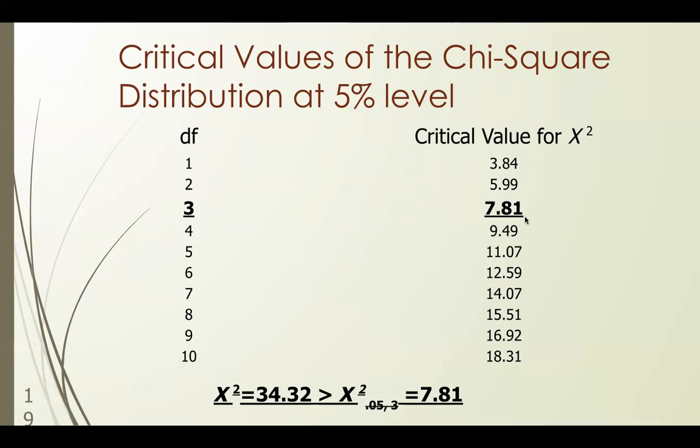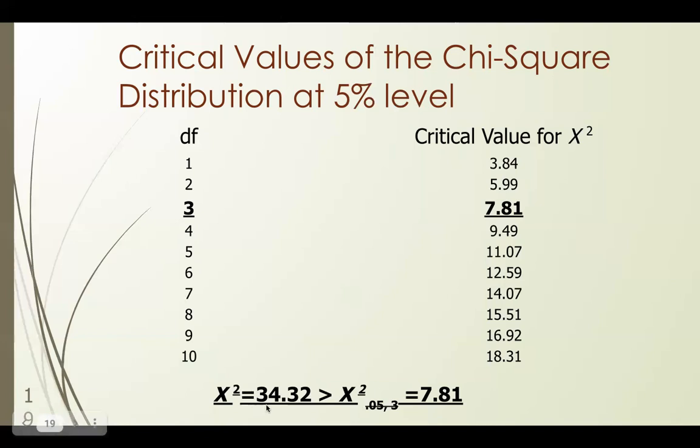So mathematicians already calculated for you, as long as the observed difference is greater than this one, then you have a statistically significant finding. The observed distribution is not due to chance anymore. People do have preference when it comes to buying cars.